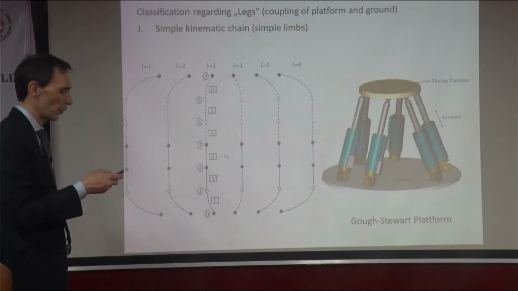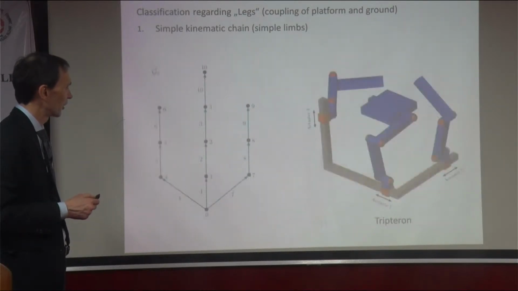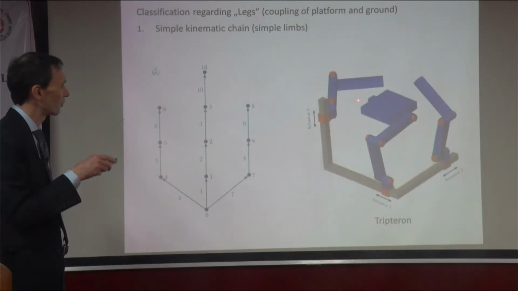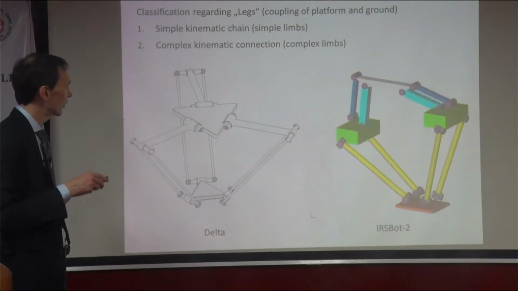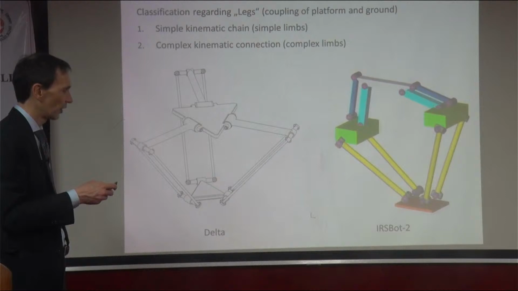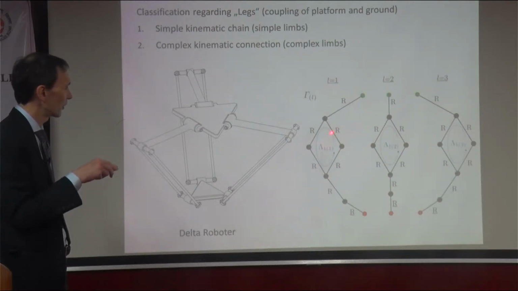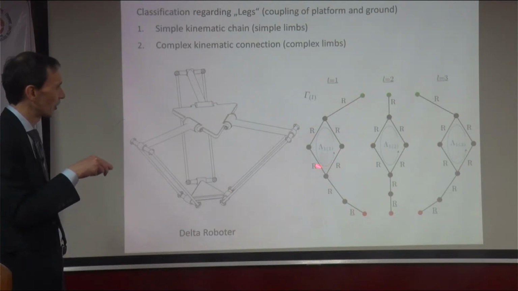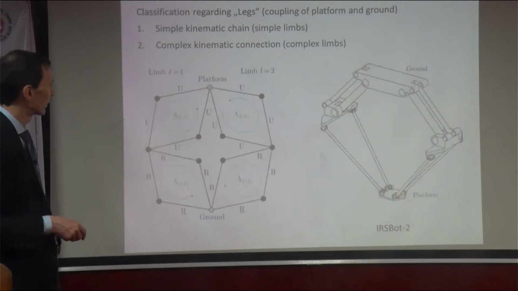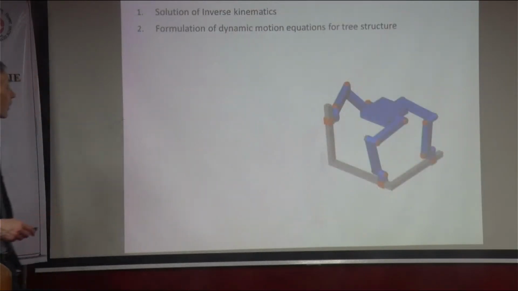So this is what we had for the hexapod and also for this one. They are called simple limbs, okay? Whereas, of course, here we have complex kinematic chains that connect, as you see it here, the base to the platform. And they're not simple, they are complex kinematic chains because you have loops within the limbs. Okay, good.